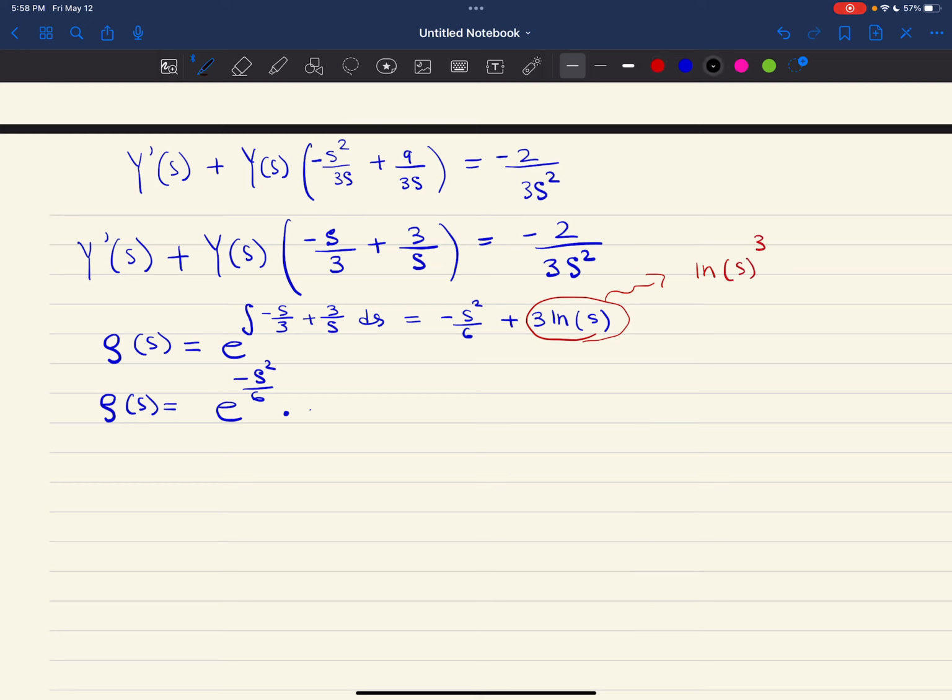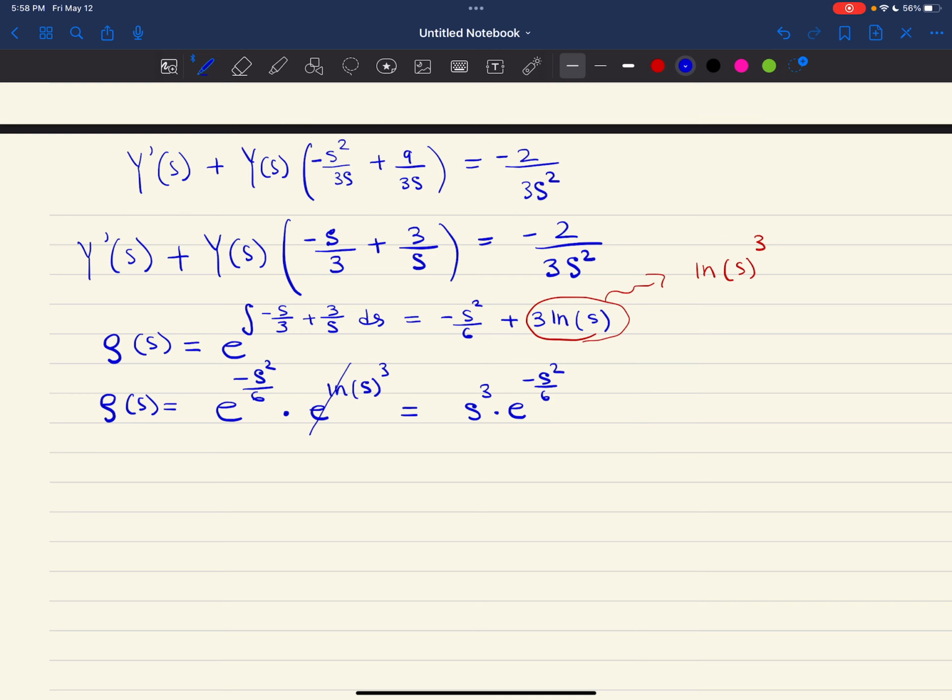So I'm just going to put it here, times e to the power of ln of s to the power of 3. And recall that e and ln just cancel out. That will just give you s to the power of 3. So you're going to end up getting s to the power of 3 times e to the power of negative s squared over 6. Okay, so that will be your rho. That will be your integrating factor.